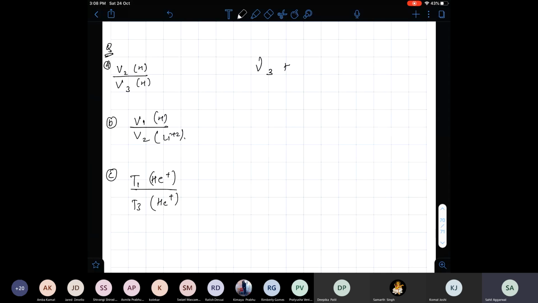Frequency third of He plus divided by frequency second of Li2 plus. Copy it fast. Done?